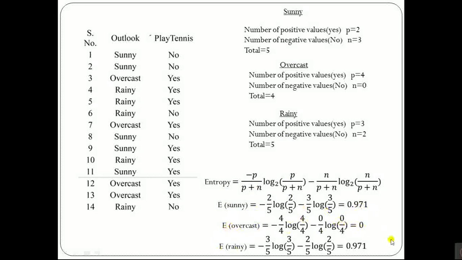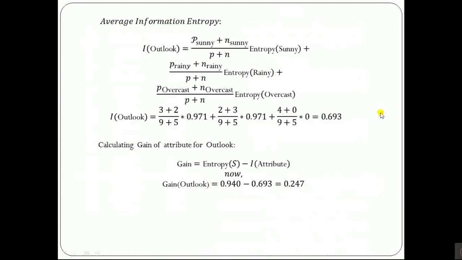For rainy, I get 0.971. Then I need to calculate the average information entropy, using how many positive and negative in each case, the totals, and the entropy of sunny, rainy and overcast. If I calculate, I get 0.693.